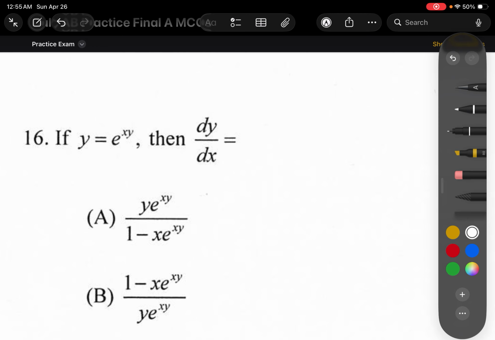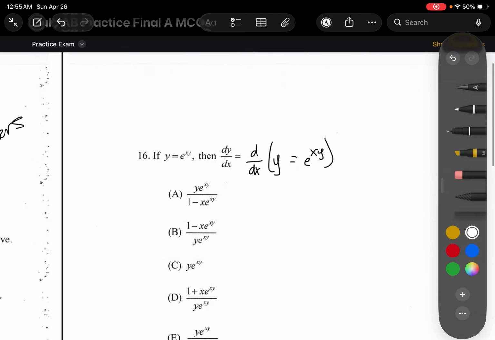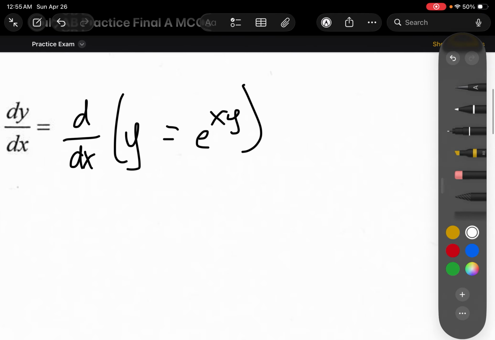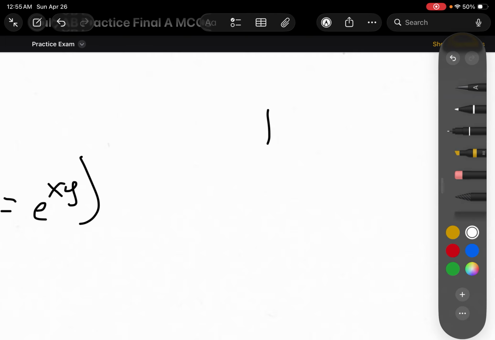So this is basically saying d over dx of y, we're trying to find the derivative of this entire function here. So first, derive using implicit differentiation, since we're solving with 2 different variables and we are doing it in favor of one over the other.